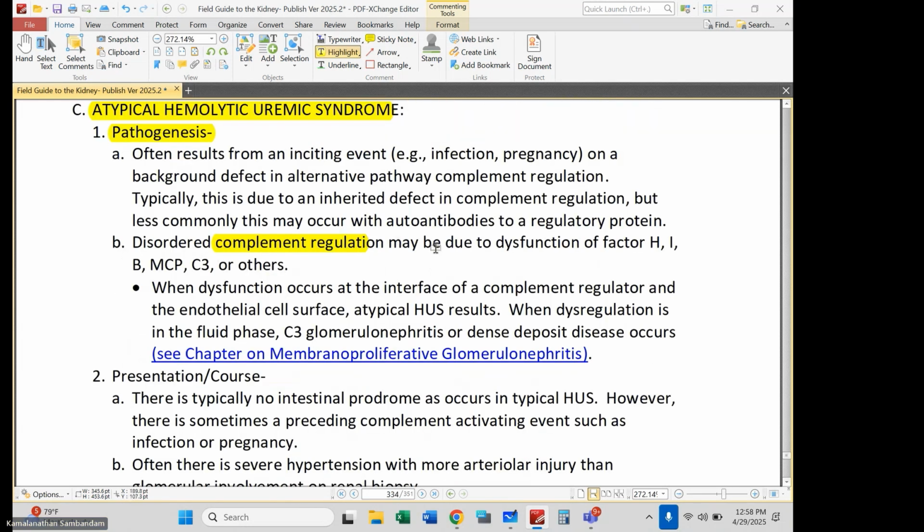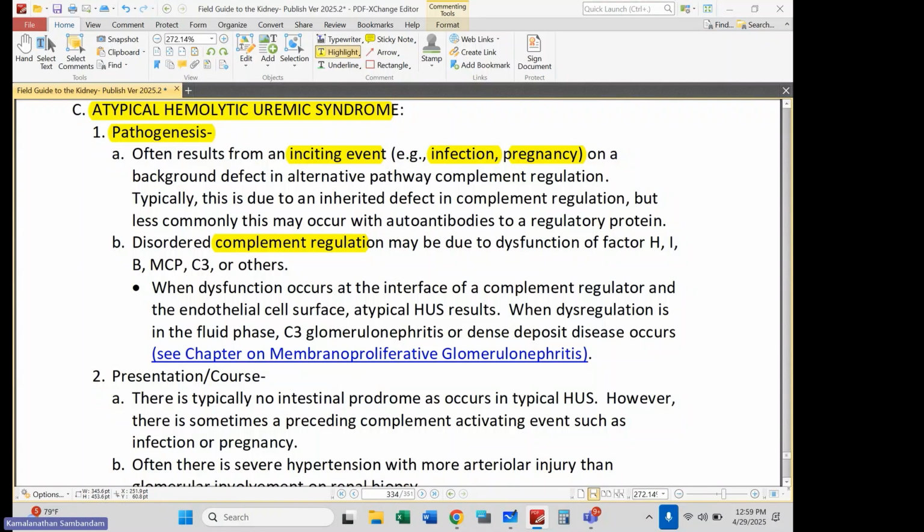Okay. So often there's an inciting event, classic of which is infection or pregnancy. Remember, you have ongoing complement activation through so-called tickover activation. So the alternative pathway of complement is constantly in a state of activation. You avoid catastrophe by putting that activation in check.